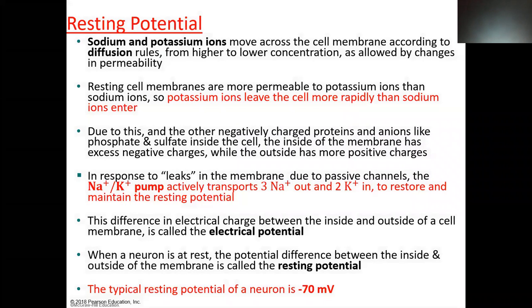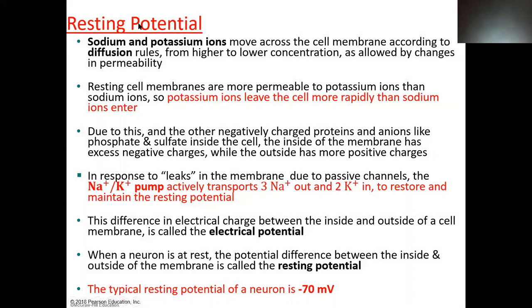If, for instance, there's like 100 people inside of this room and there's nobody out in that hallway, it would be natural for some of us to want to get up and go into the hallway where there's more space to spread out. So that's what ions do as well. They want to move from an area where there's a high concentration to an area where there's a low concentration, so they can kind of spread out.